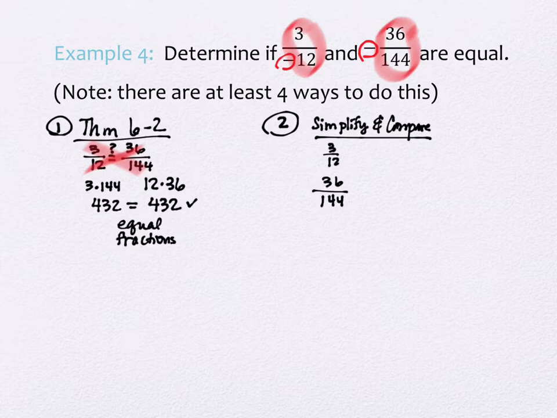3 and 12. What do 3 and 12 both divide by? 3. So if I divide the top and the bottom by 3, 3 divided by 3, of course, is 1. What's 12 divided by 3? 4. All right. You may not, looking at 36, know what the biggest number is that divides them, but you should be able to look at it and know something divides them because they're both even at the very least, right?